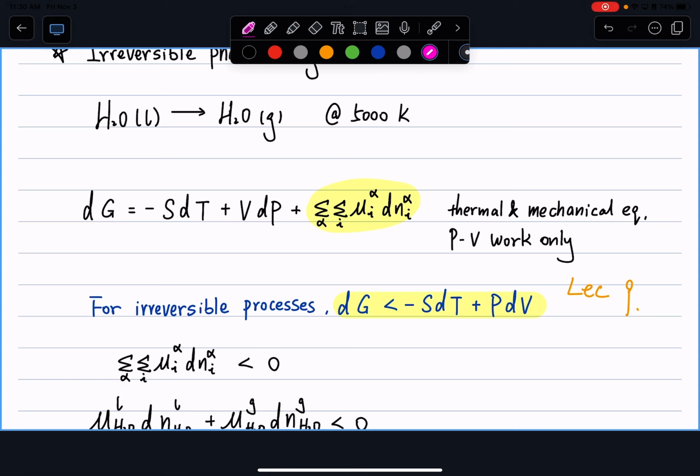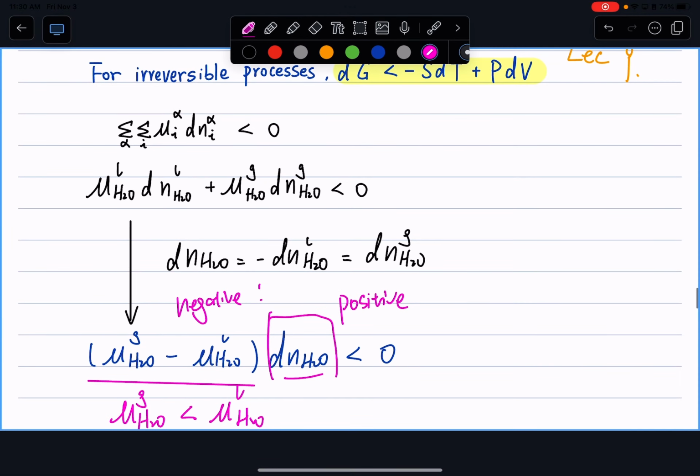So at the end, eventually every molecule of your liquid water is transferred into water vapor. When we have this d here, we're talking about the change in the number of moles of your liquid water. That's an infinitesimal change, so that's always going to be a negative number.